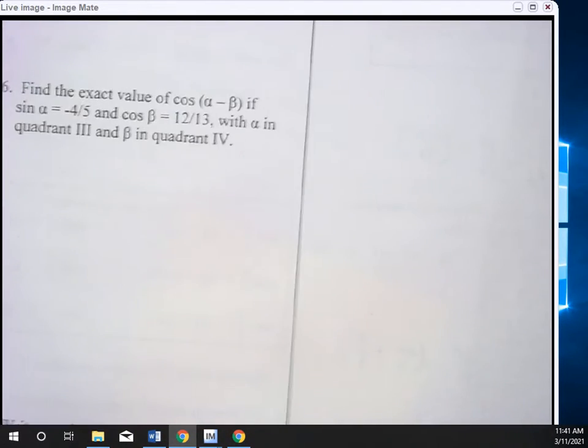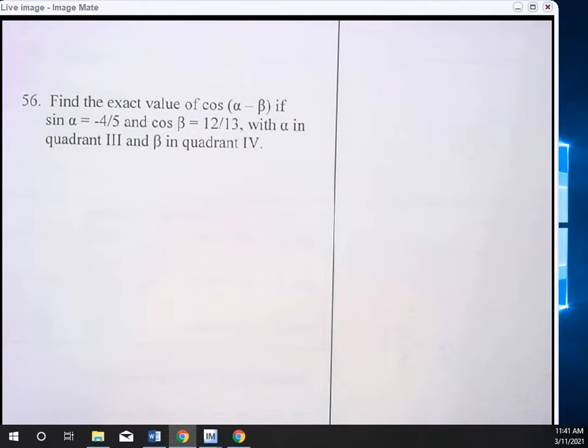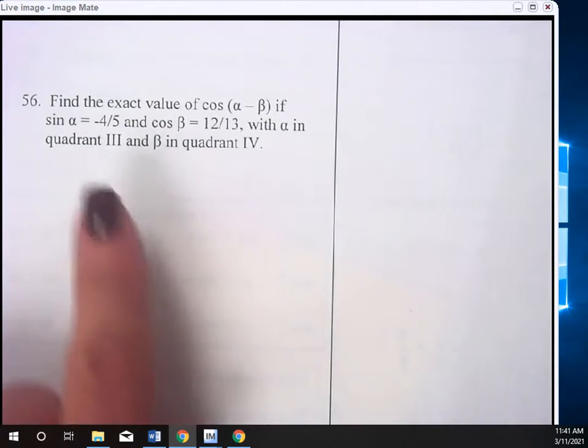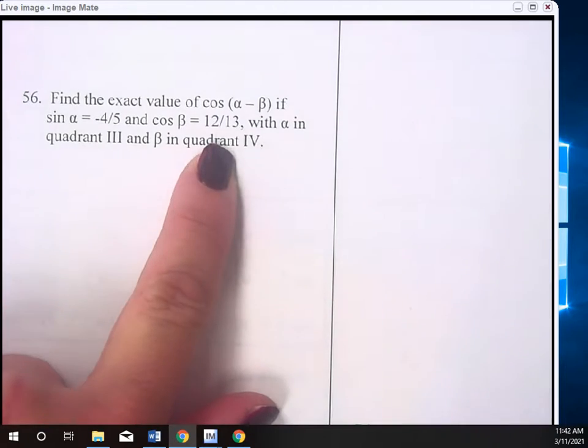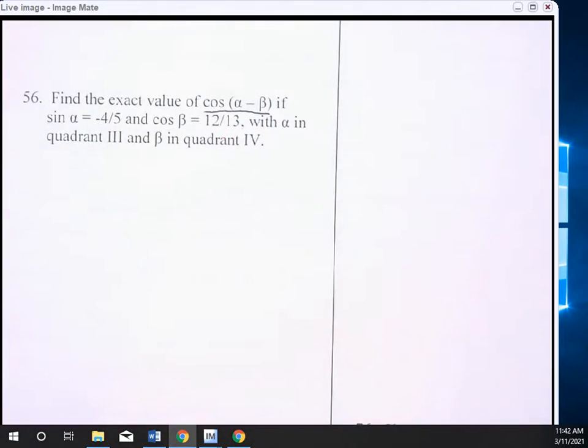All right, let's move down to this find the exact value. If I have sine and cosine and I need to find the exact value of this difference problem, go ahead and write out what is the identity when you have the difference.